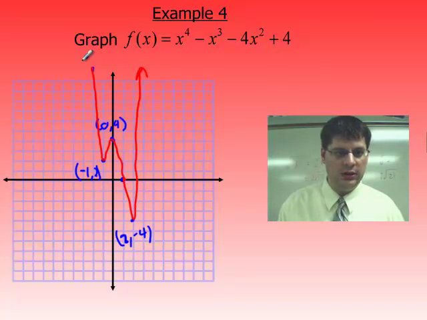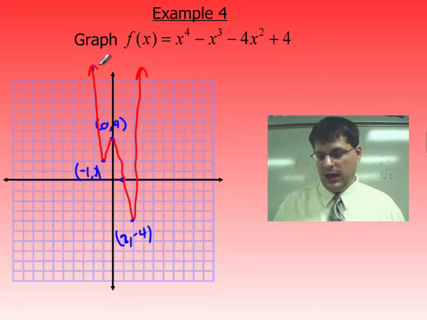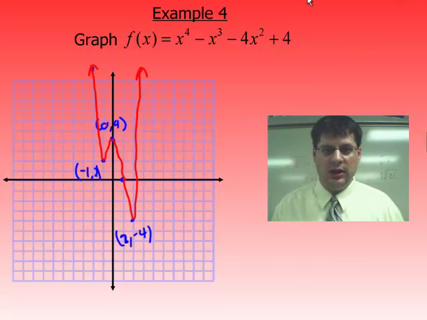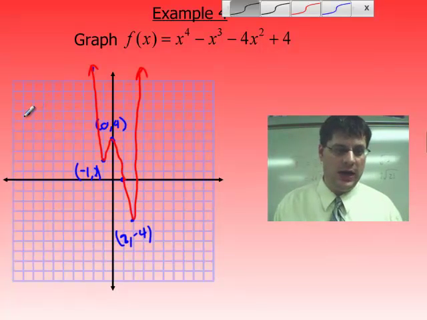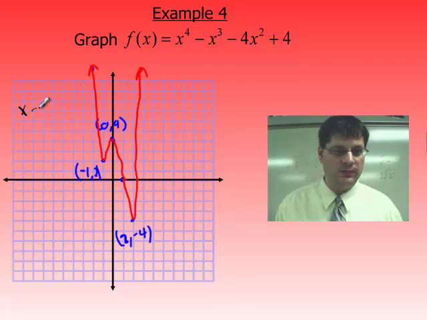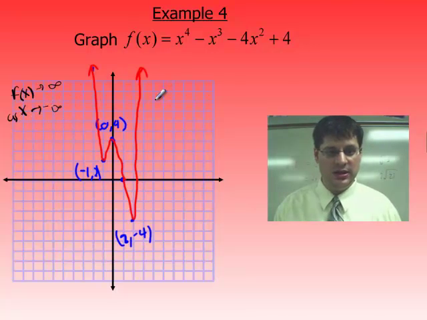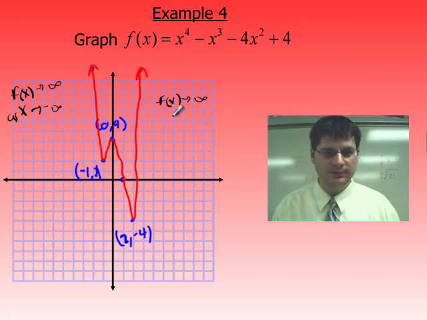Then we'll put an arrow here and here, and do not forget that, or let me tell you, you will also write down the end behavior on your graphs. So we'll say f of x approaches positive infinity as x approaches negative infinity. And on this side, we'll write f of x approaches positive infinity as x approaches positive infinity.